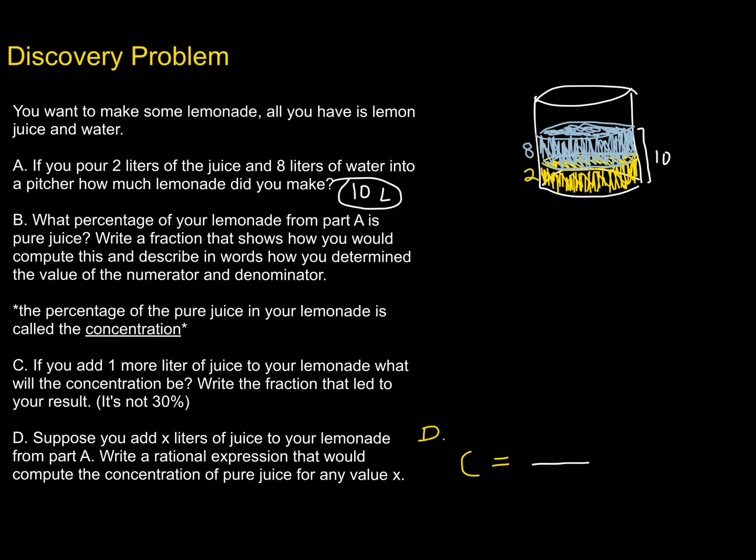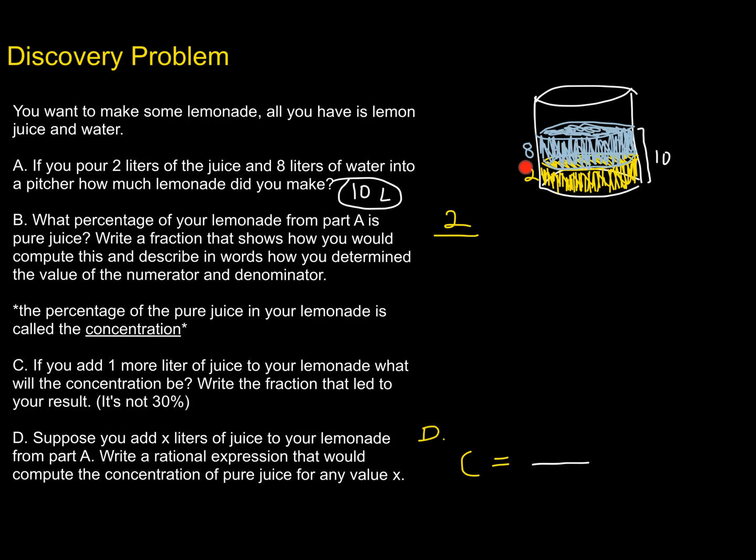2 liters of juice and 8 liters of water, that's going to make 10 total liters of lemonade. So now when we think about the percentage that is lemonade, we can reference our picture to make sure we're using the correct fraction. I want to know what percentage out of the total is pure juice. So I'm going to take the pure juice, which is 2 liters, and it's out of the total amount of lemonade.